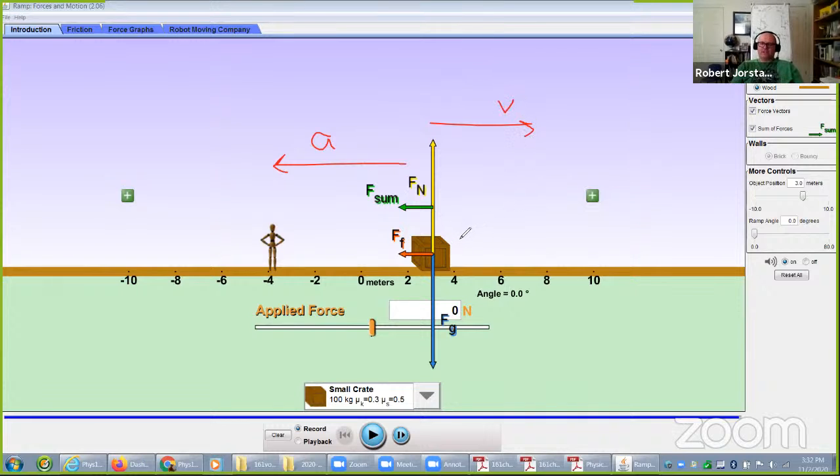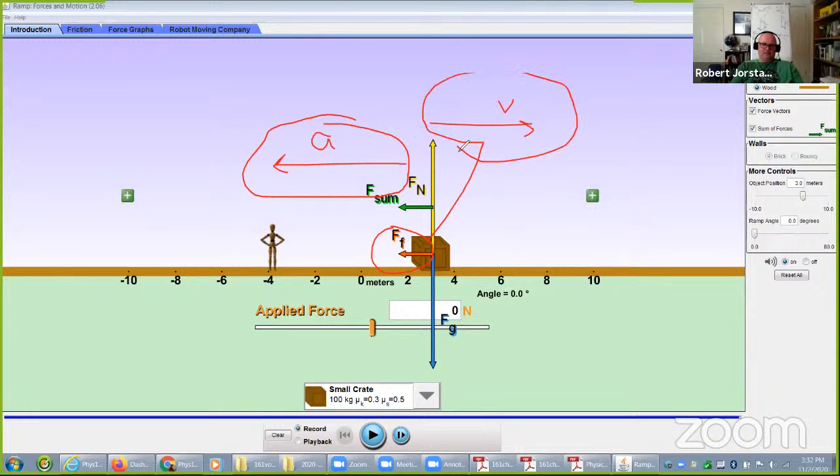Notice friction does not oppose the acceleration. Friction causes the acceleration. Friction opposes motion. It does not oppose acceleration. And what we have seen is acceleration and motion are not synonymous with each other. Velocity and motion, those things have the same direction.